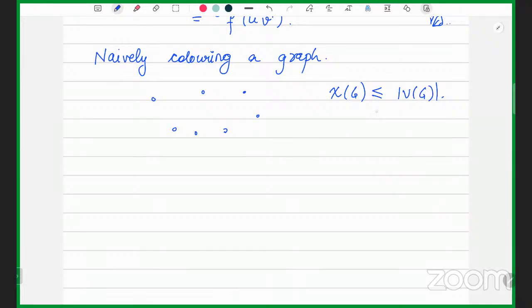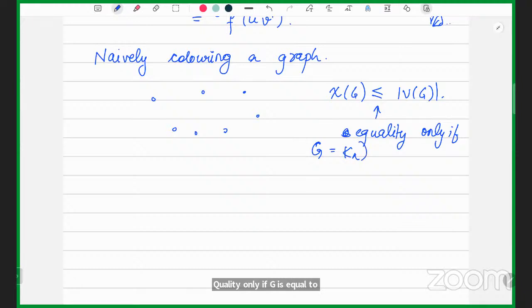Again, this is strong. This is equality only if G is equal to Kn and no other time. If and only if G is Kn, this holds as equality. Otherwise, it's always less than the full set.